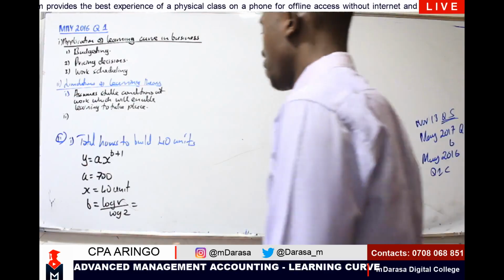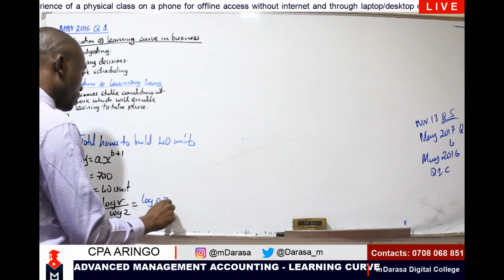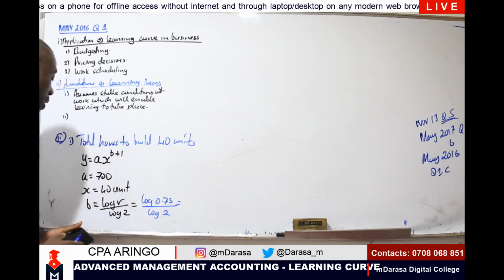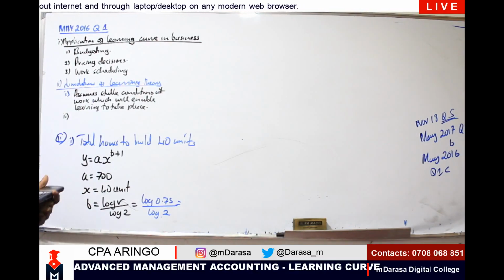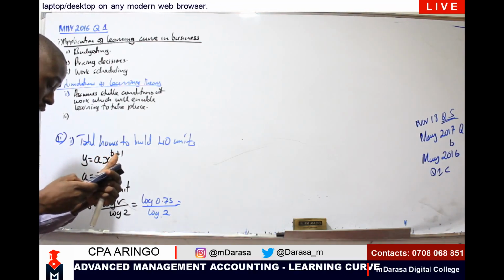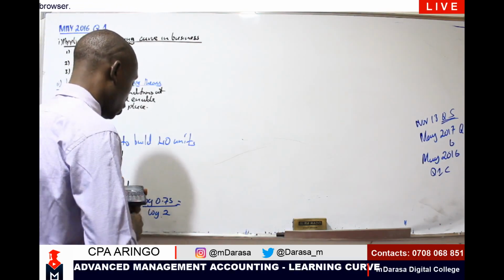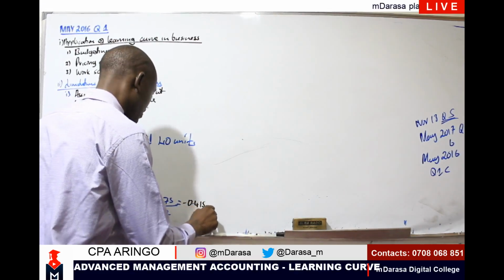So I'm having 75%. So we should be talking of log 0.75 divided by log 2 to give us our B. And our B, confidently, we can talk of log 0.75 divided by log 2 to give me a figure of negative 0.4150.